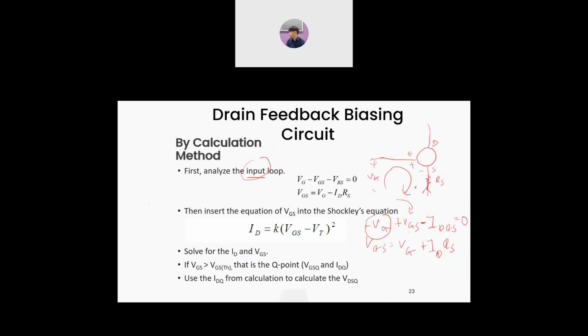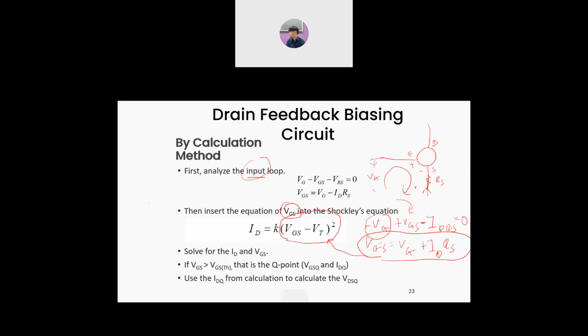Then to complete your KVL, we insert the equation of your VGS. You put this equation in here and solve for ID, the current passing through the drain, and VGS, depending on the question. This is a quadratic equation, so you will have two values.